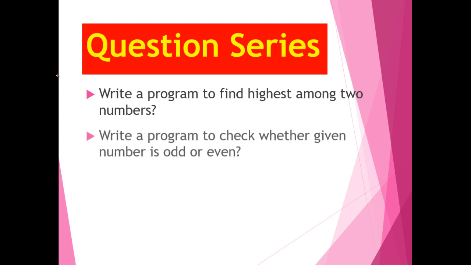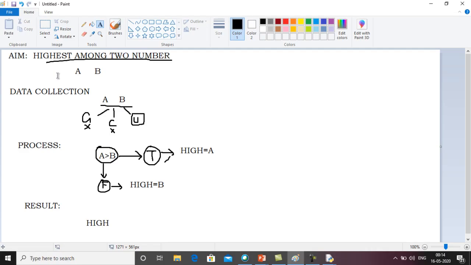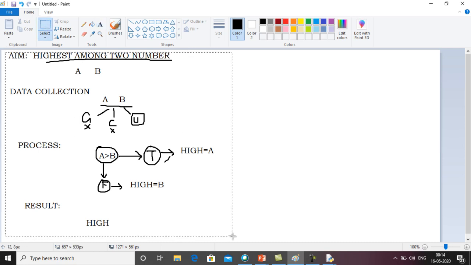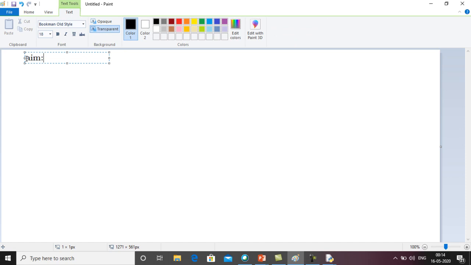Now the next question is to write a program to check whether the given number is odd or even. So what we have to do is check whether the number given by the user is even or odd, and then show the message. So our aim is basically to check whether the given number is odd or even.